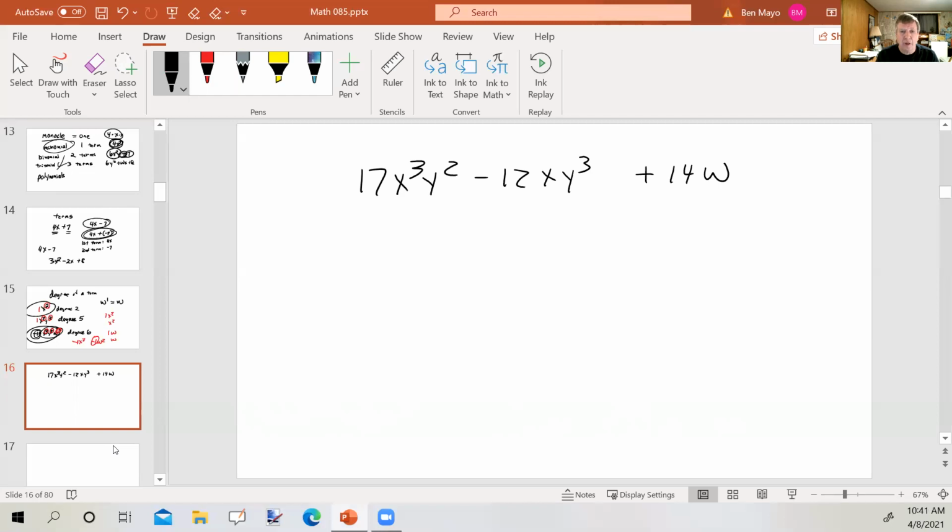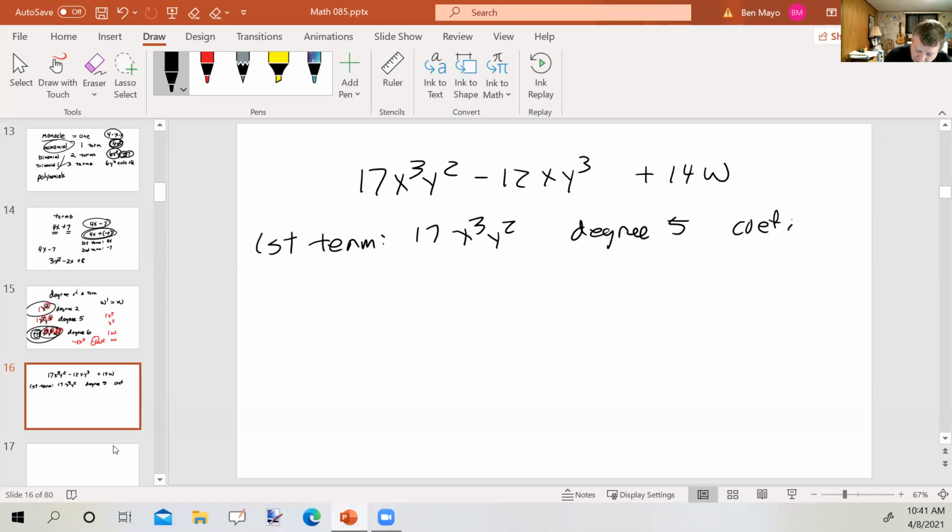It is a term of degree 5. Its coefficient is 17. Okay, so the first term is 17x cubed y squared. It is of degree 5, and the coefficient is 17.